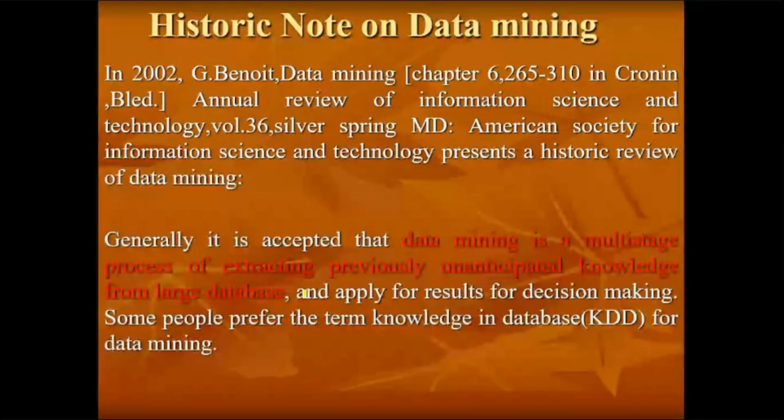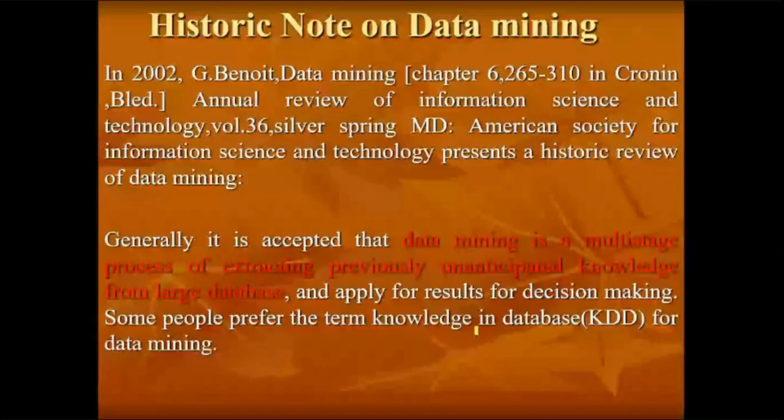Some people refer to the term knowledge in databases. If we read other references, some researchers told about this topic as knowledge discovery in databases, KDD.